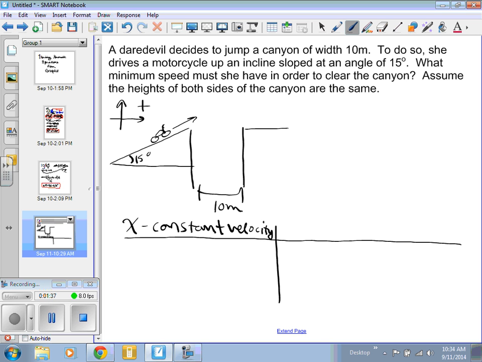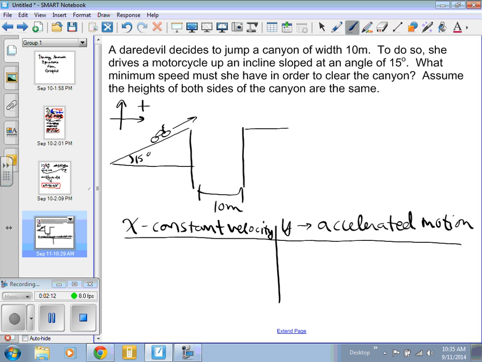There's no net force in the X direction, so the object will maintain a constant velocity, according to Newton's first law. In the Y direction, though, we are going to have accelerated motion because gravity is acting on the daredevil, pulling her downward at a rate of negative 9.8 meters per second squared. So there will be an acceleration in the Y direction.